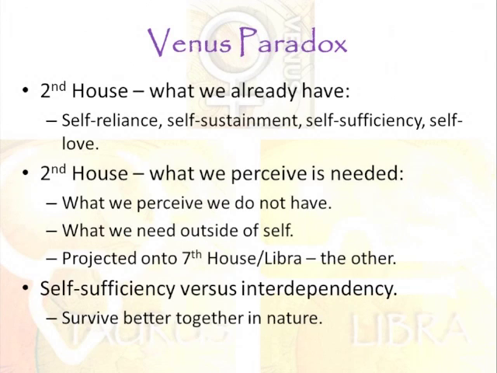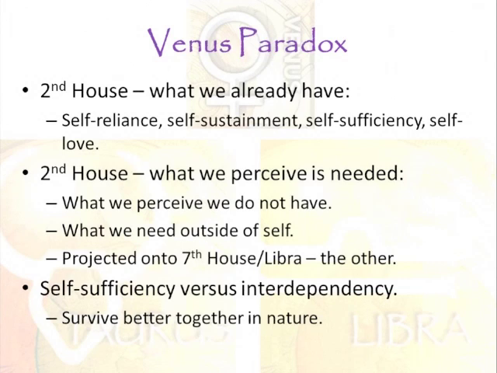So what this paradox is showing us is self-sufficiency versus interdependency. And what the human organism has learned through eons of time is that we survive better together in nature.